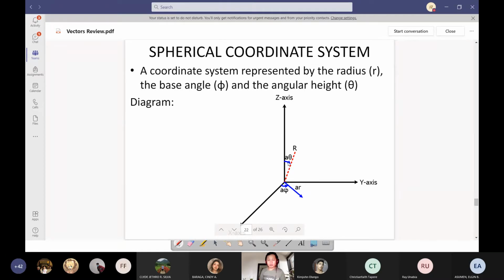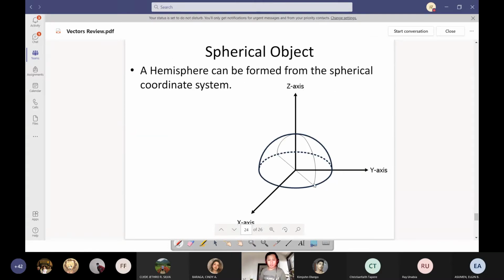Going back here, for a sphere, of course, we have a radius r. And since the base is circular, we have a base angle phi, just like the cylinder. But take note, the top of this sphere is also circular. So for this one, there's also an angle.